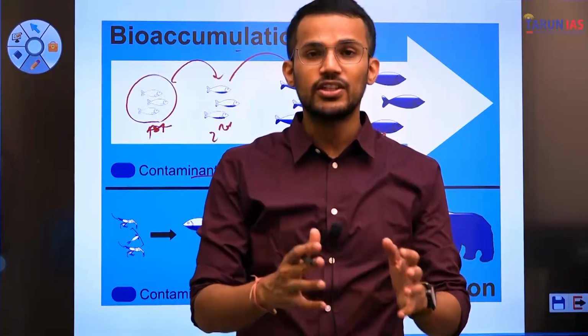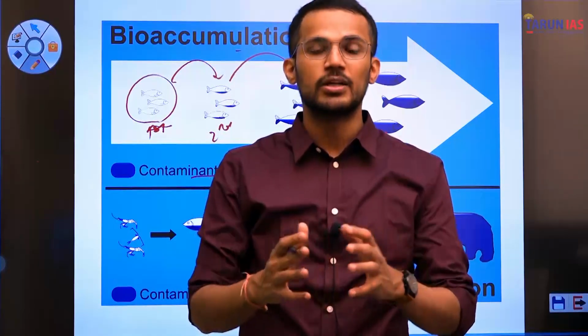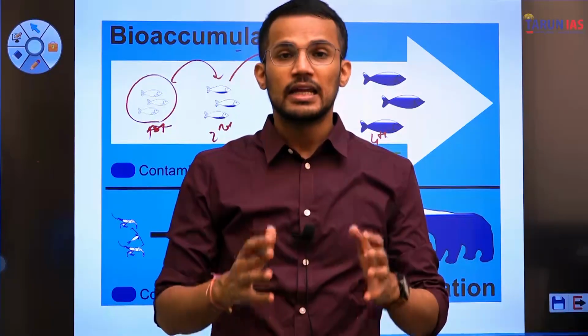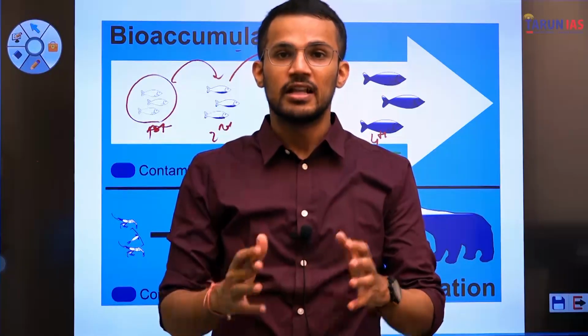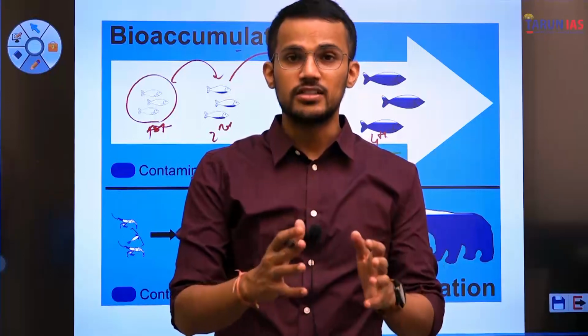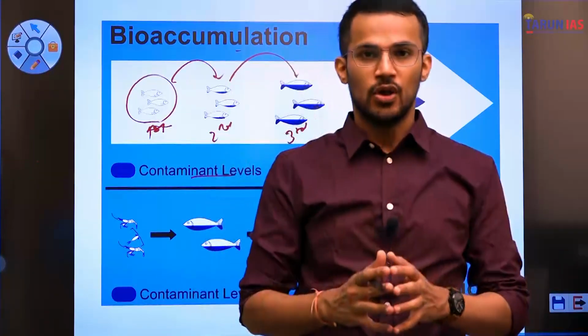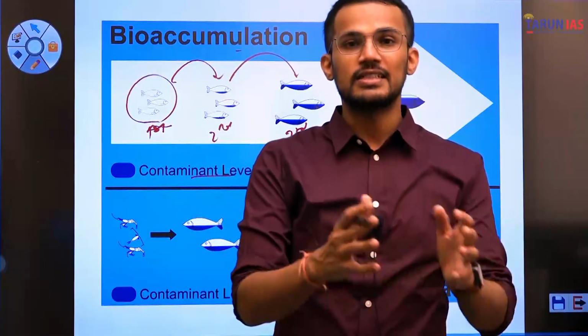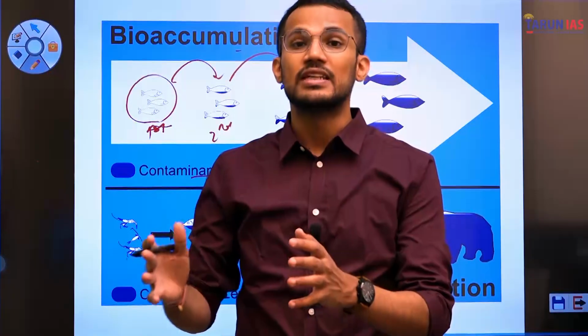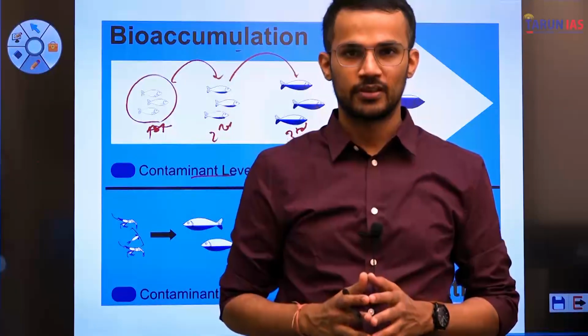And as the concentration of that contaminant increases inside the body of an organism with time, it starts affecting that organism negatively, right? So that is bioaccumulation, wherein the contaminant is getting accumulated inside the body and the concentration is increasing day by day.